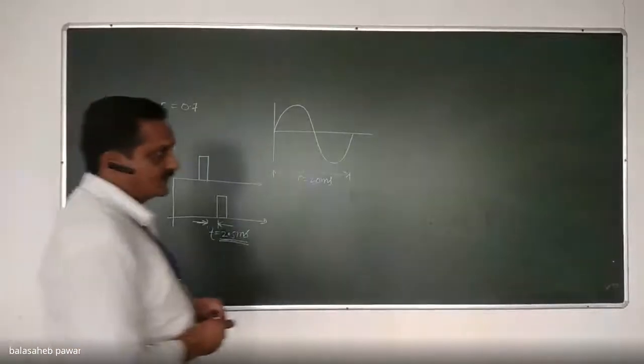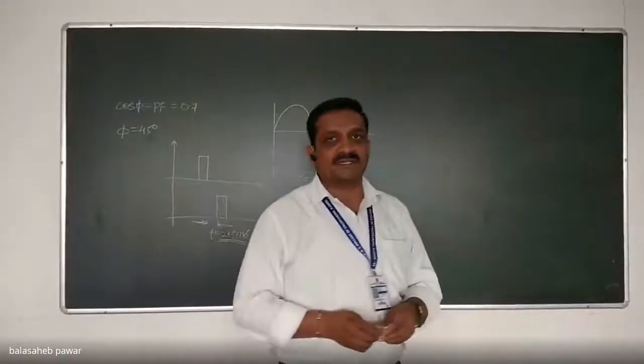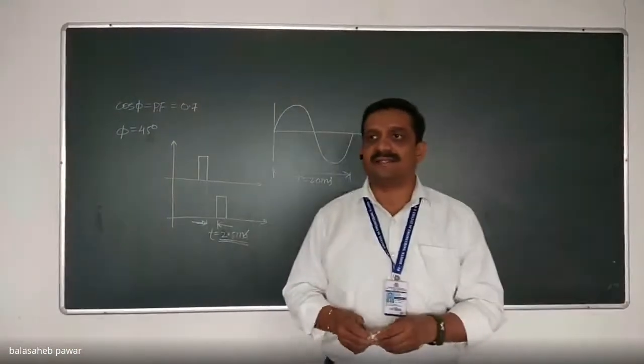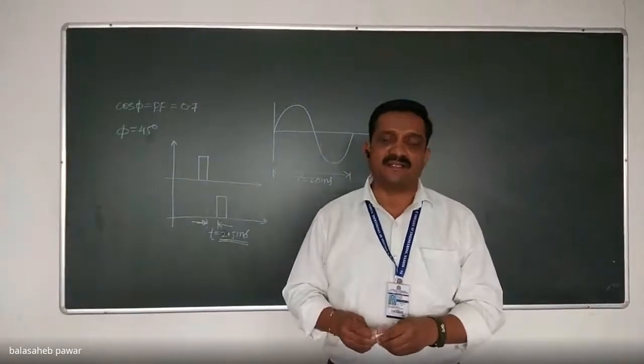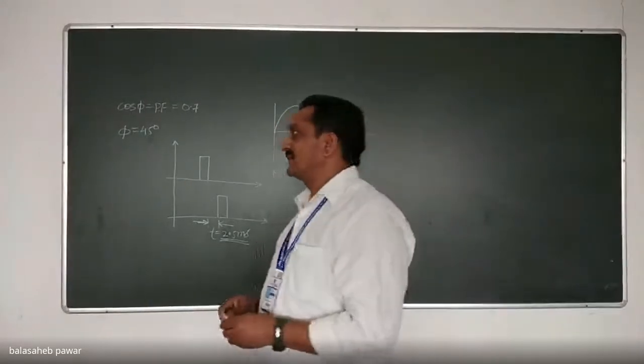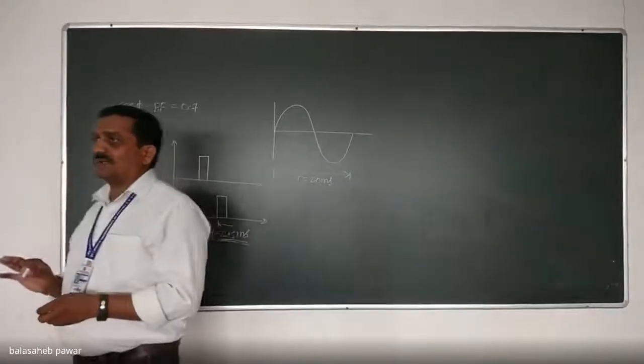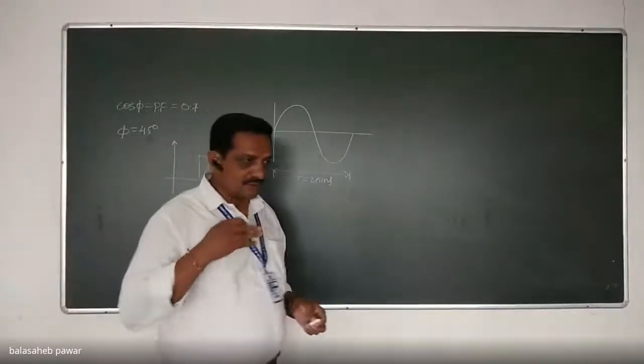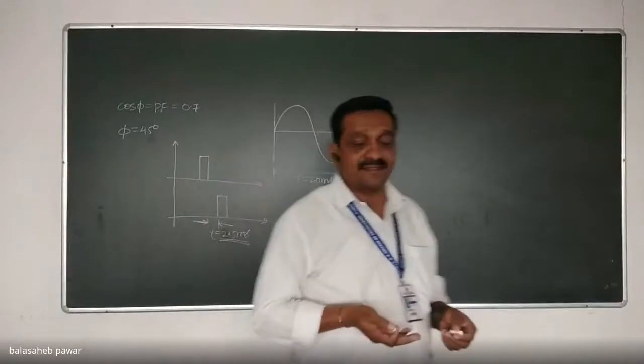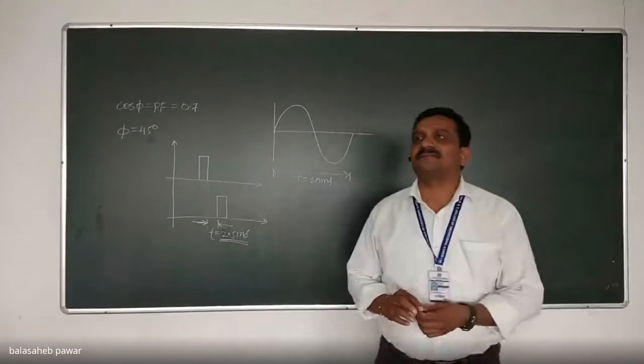As it is an inductive type of load, it will not be possible to achieve a power factor exactly equal to unity, right? So we will take action only when that time difference is more than 2.5 milliseconds. Now, the action to be taken.